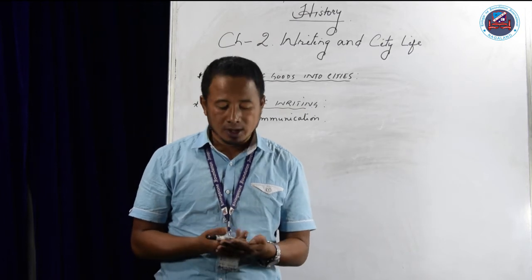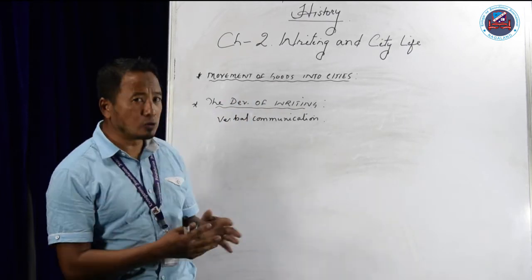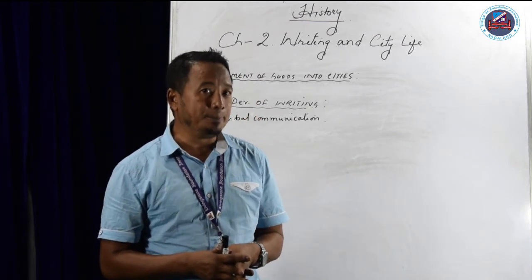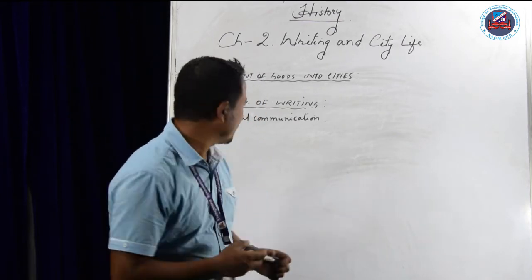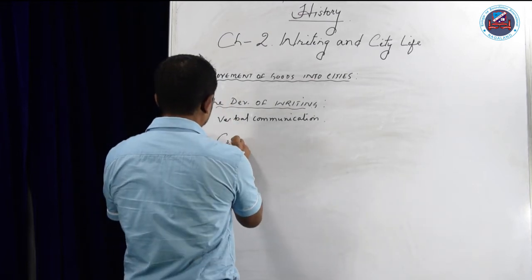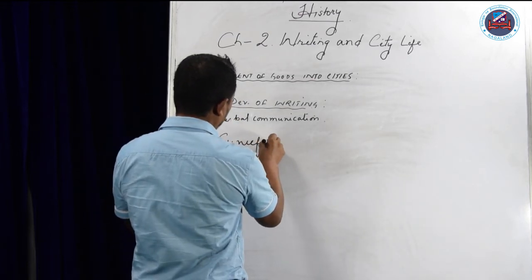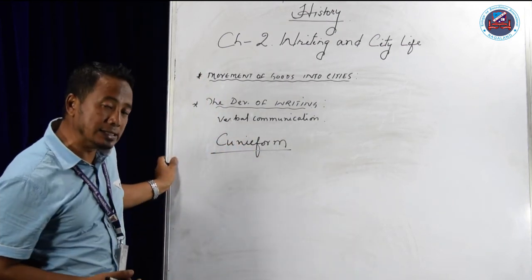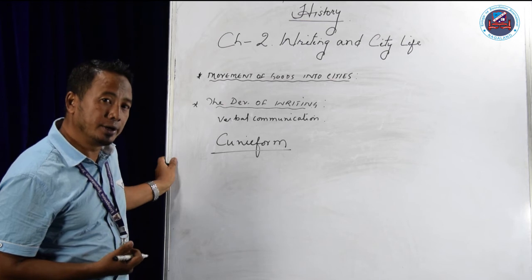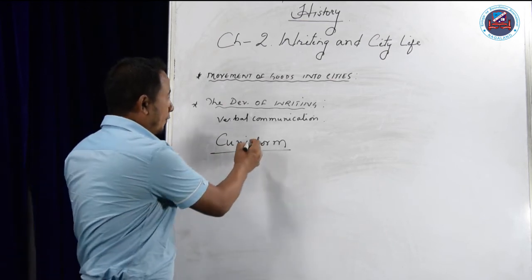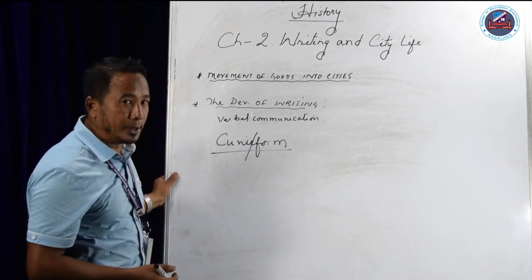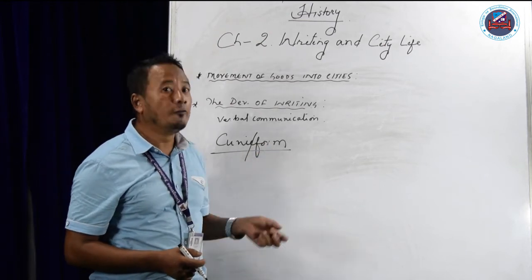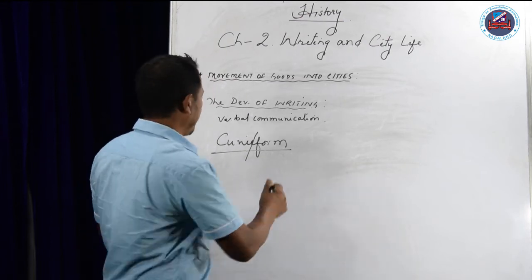But by 2600 BCE, the letters became cuneiform. The word cuneiform is derived from the Latin word cuneus, meaning wedge, and form from the word forma, meaning shape.